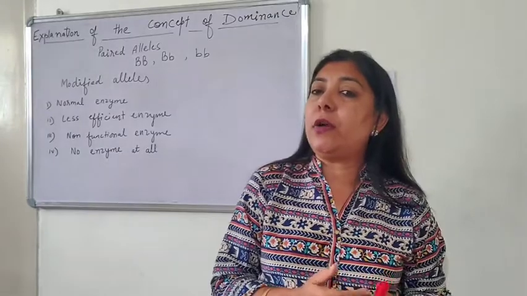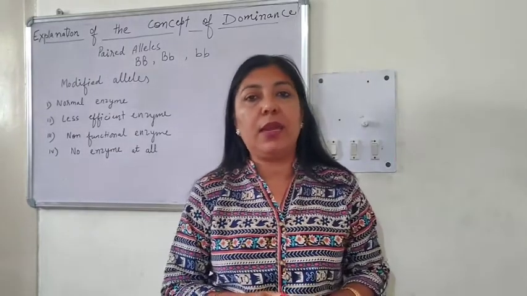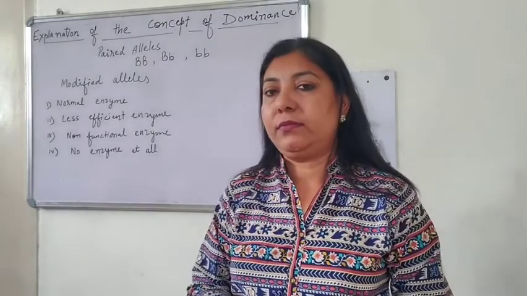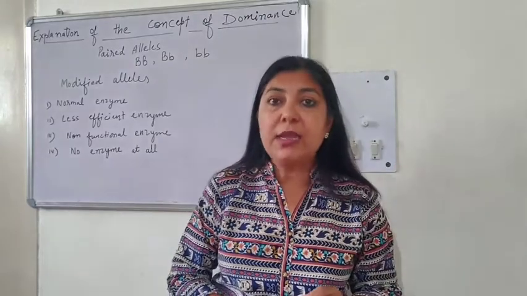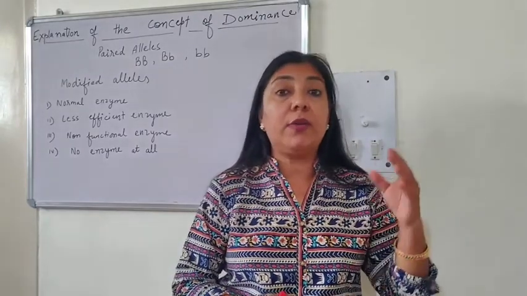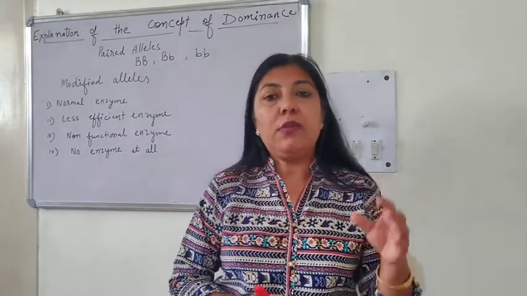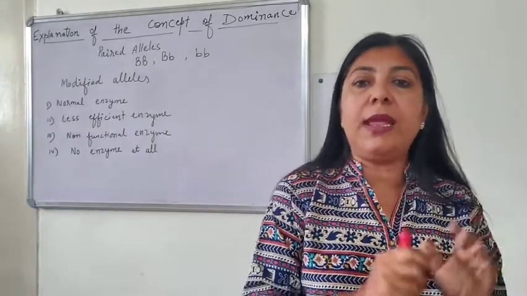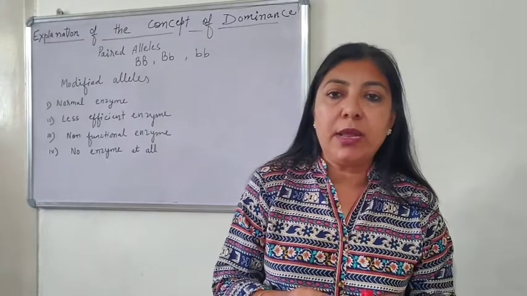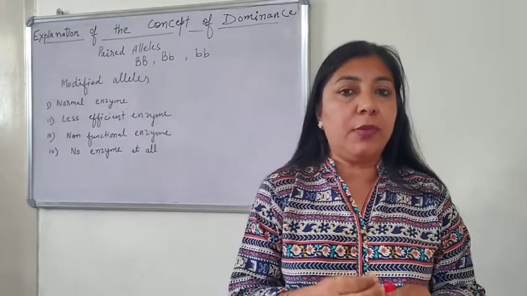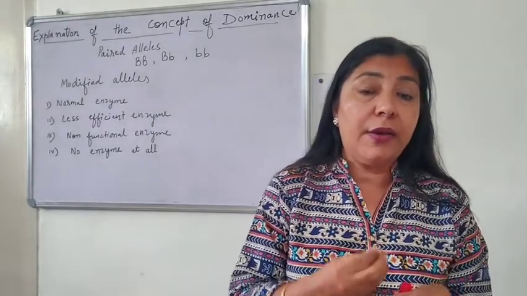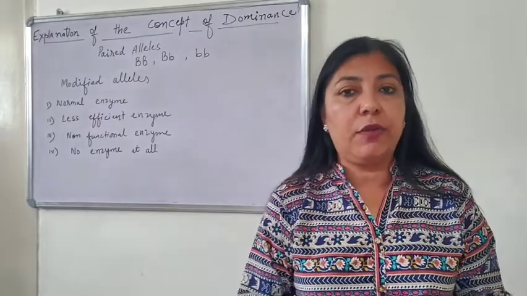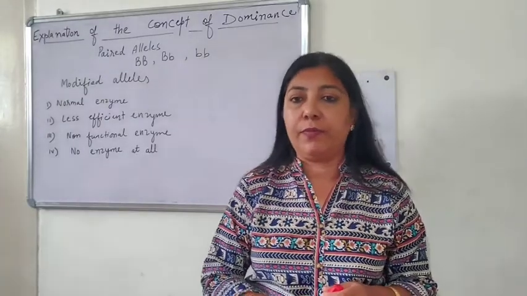Later on it was found out that each allele is actually a gene. If that gene is normal, or you can say dominant, it will be coding for a normal enzyme, and that normal enzyme will be responsible for physiological reactions, and the expression of that phenotype will be there.